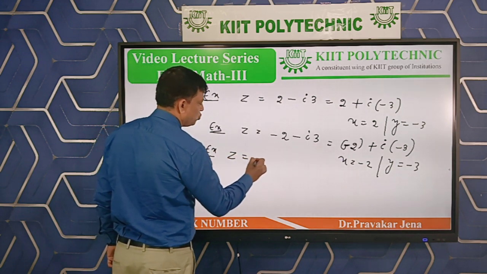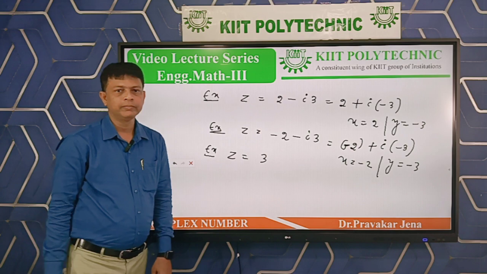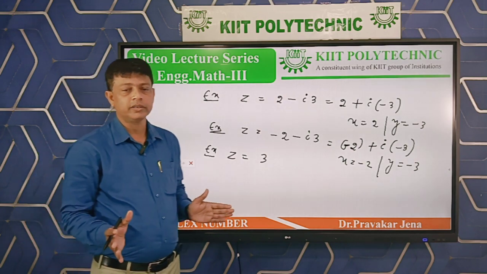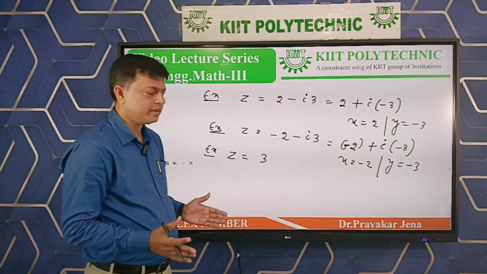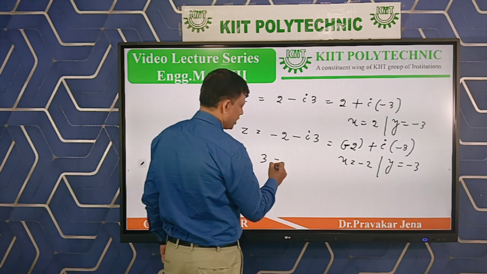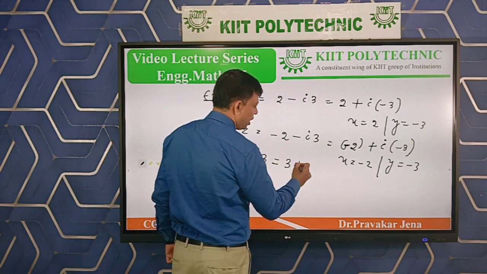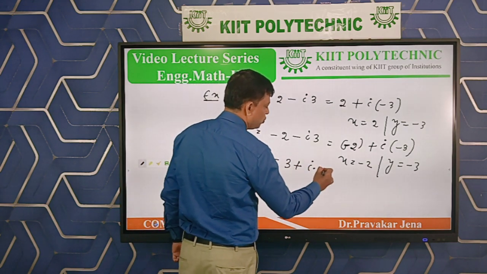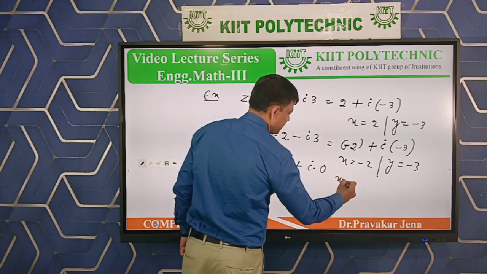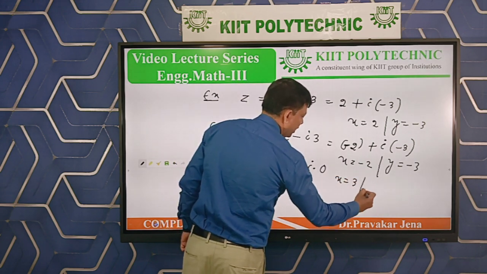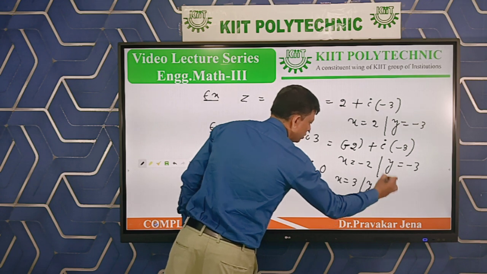Now this is another example. Suppose z equals only 3. That means there is no i part. So how to make it? This is very simple. You write 3 plus i into 0. That means x equals 3 and y equals 0.